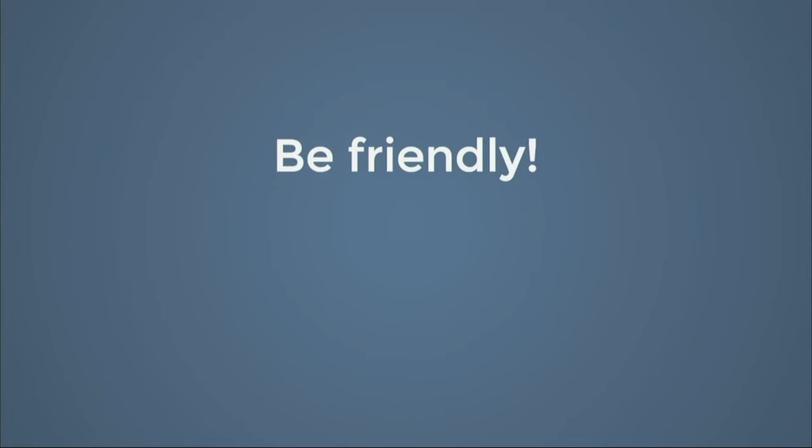Another very important rule when designing an API is be friendly. Be friendly to your users on both sides. Be friendly to the users of your API, but also be friendly to the system that you're trying to simplify access to.